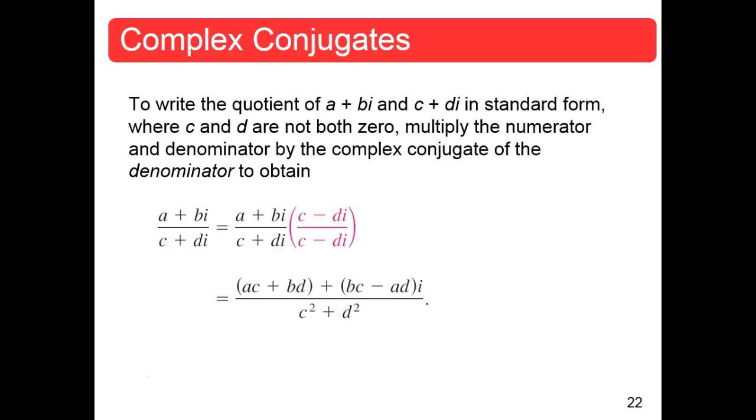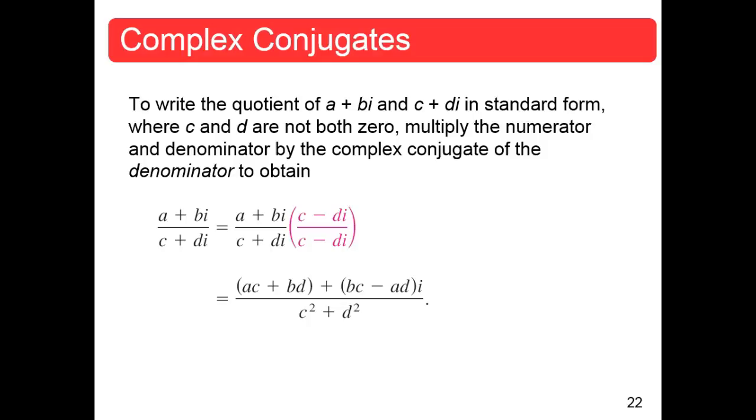Yes, okay. Now, to write a quotient, a plus bi over c plus di, in standard form, where c and d are both not 0. We can't ever divide by 0, not even in complex numbers. Multiply the numerator and the denominator by the complex conjugate of the denominator alone. Don't worry about the numerator. It takes care of itself.